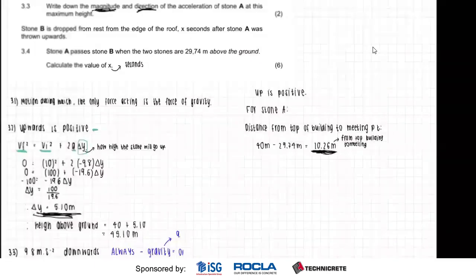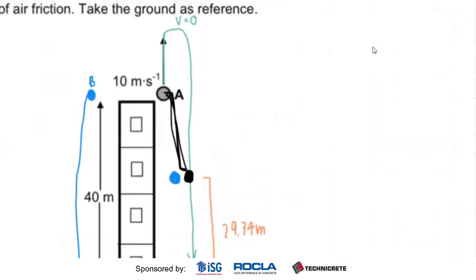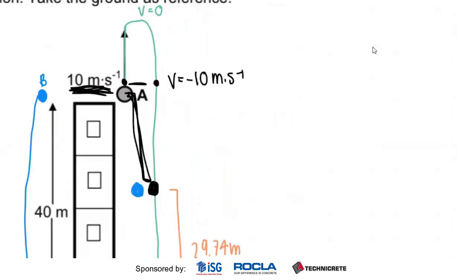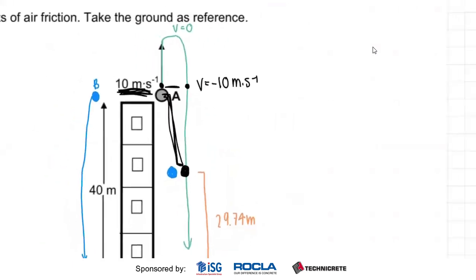Because of this arc, if the ball was thrown up at 10 meters per second over here, when it is at the same height but coming back down again, the velocity is also going to be 10 meters per second. But remember, this time it is traveling downwards, so it's going to be negative 10 meters per second.